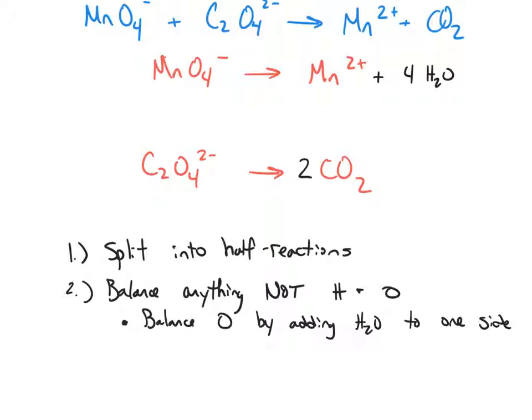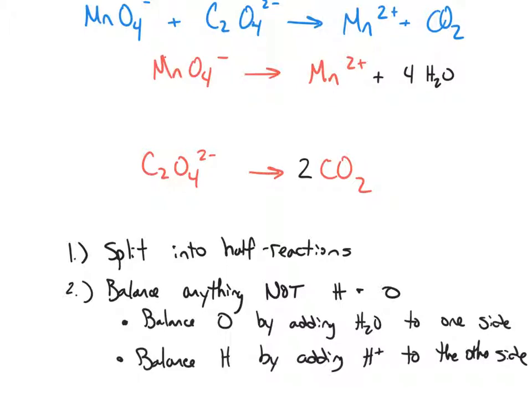Then to balance the hydrogens, I'm going to add hydrogens back to the left side, or the reactant side, of the manganese half reaction. So by adding 4 waters over here to the product side, I added 8 hydrogens to the formula, and then I'm going to come over here and add 8 H pluses as a result.